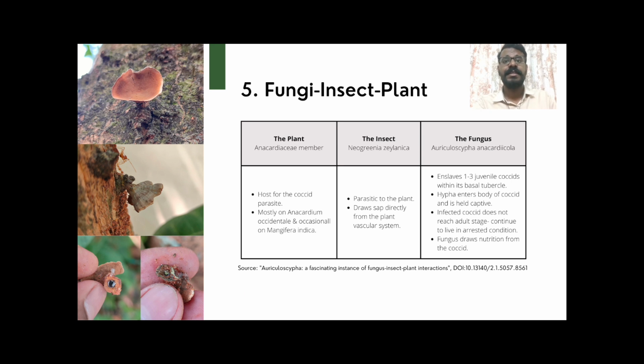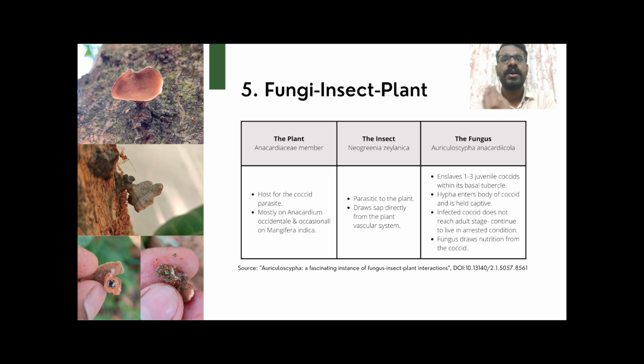Another relationship that the fungus or the mushroom has with an insect and a plant is seen in the Auriculoscypha anacardicola fungus. Here the plant host is the Anacardiaceae family members like the mango tree, cashew tree, etc. And the insect is Neogrenia zeylanica, which is a coccid, and the mushroom is the Auriculoscypha anacardicola.